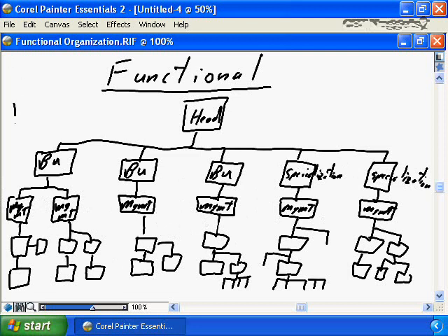From a project viewpoint, which is what we're focused on in this nugget, when you're working within a functional business unit, a functional organization, typically the projects themselves are delivered within a specific functional area. So let's assume this business unit has a need for a project. Because we're operating in a functional area, the project itself is traditionally going to be limited to that particular business unit.